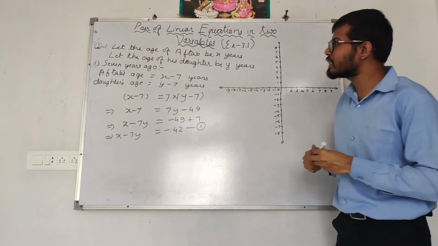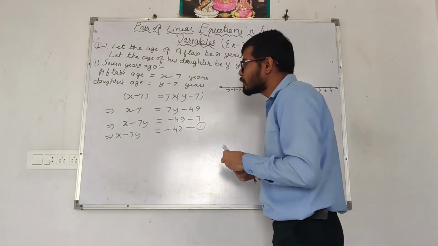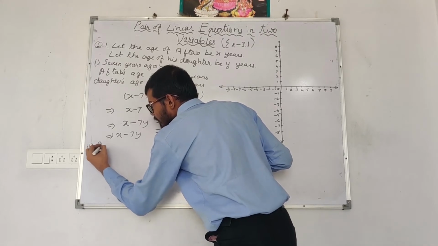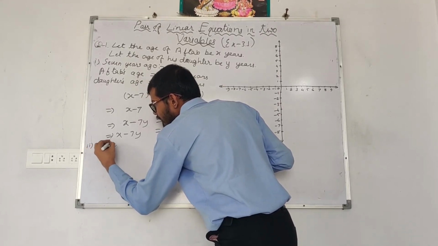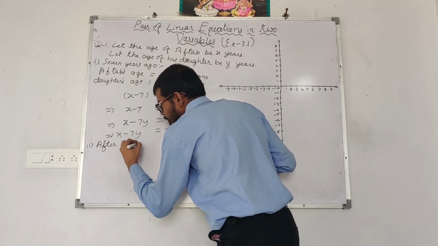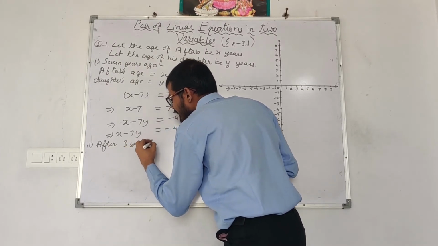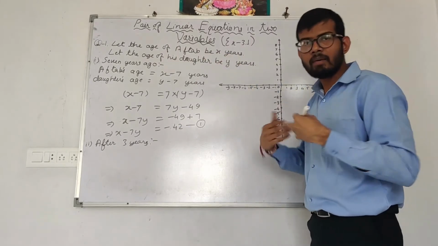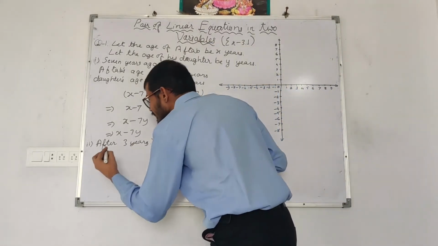Now our second condition is after 3 years. So we will write the second condition, after 3 years. What will be the age after 3 years? x is the current age, so after 3 years it will be x plus 3.